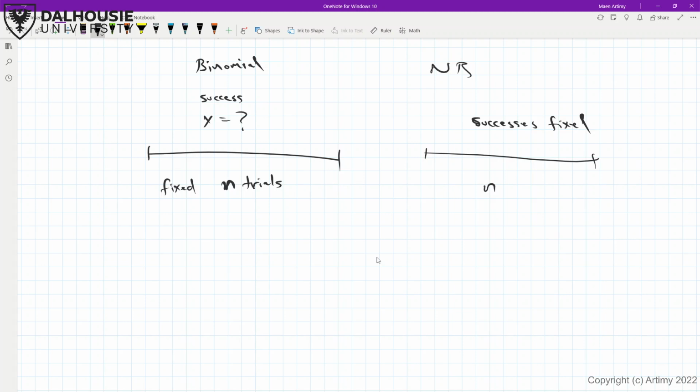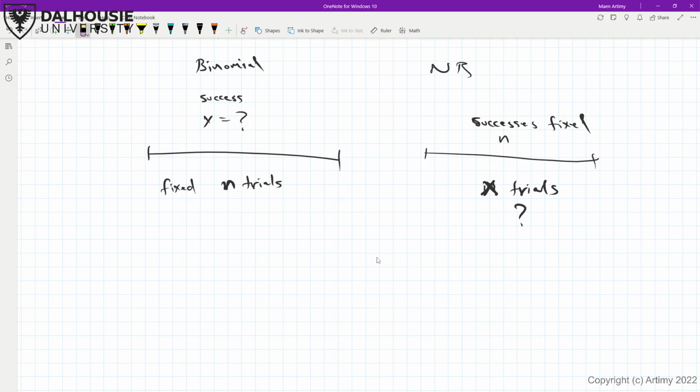Because it's a random variable, X will represent the number of trials, and n here represents the number of successes. So n and X switch positions.